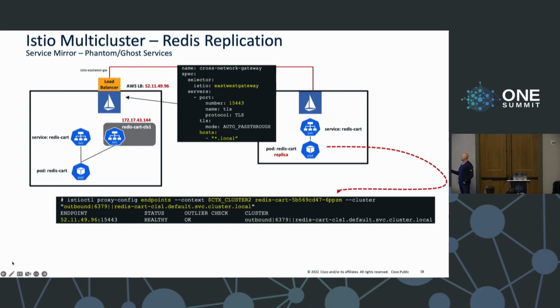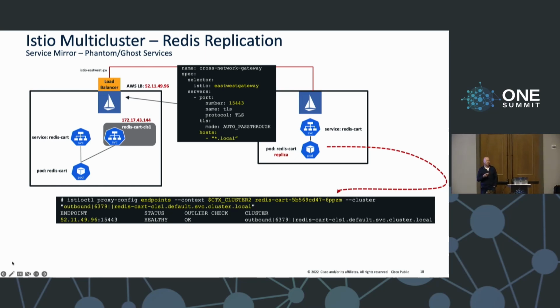You basically just identify the service name, redis-cart dot namespace service, cluster.local, whatever it is that you want to do. You enter that in the host field versus a wildcard. So in this particular case, we've got our star.local in here. So the second redis-cart CLS1 hits the cluster and Istio knows about it, it immediately goes and tells every sidecar proxy in every one of the pods and all of the other clusters about it.